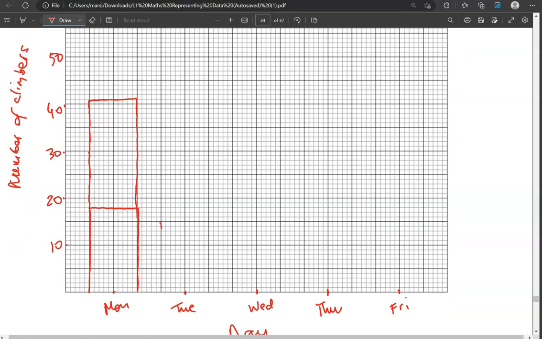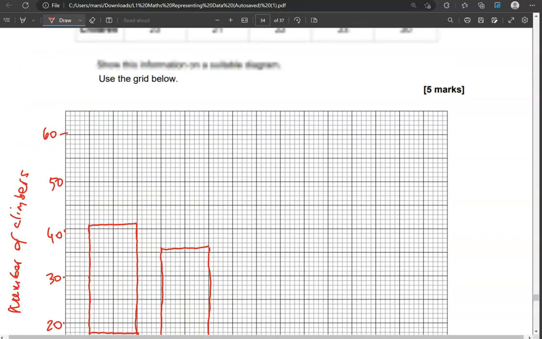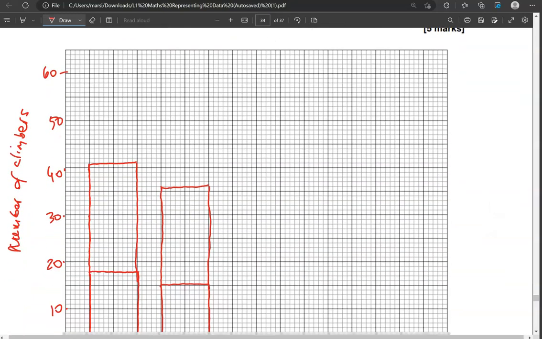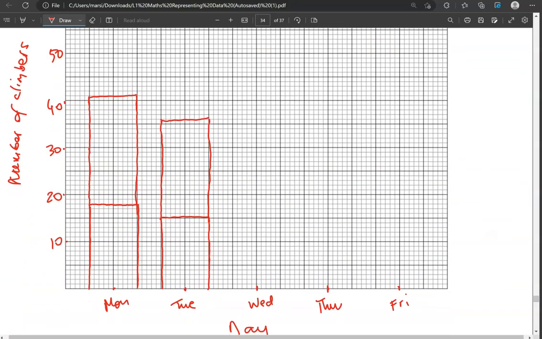So going up to 15. 15 add 21 gives us 36, so I'm going to go up to 36. Wednesday, we've got 12 adults and 22 children. And 22 gives us 34.